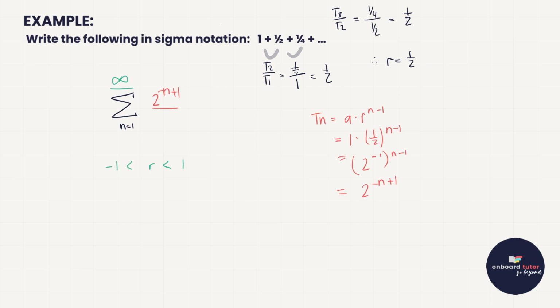And if you have a look at the r value that we got, it's a half. A half is definitely bigger than minus 1 and definitely smaller than 1. So there we have our sigma notation, the sum from the first term all the way up to infinity, 2 to the minus n plus 1. Or if you left it as a half to the n minus 1, that is also perfectly acceptable.